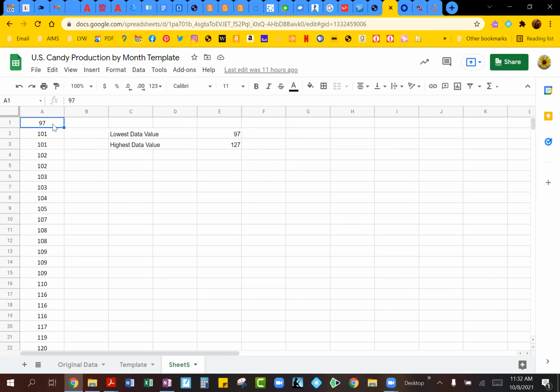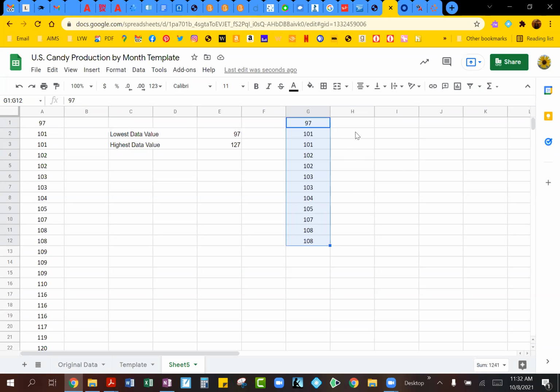So the idea is if I wanted to add all of these values together and then get my average, for now, just to keep it simple, we'll do just the one year, and we'll just take 12 out of those 24 values. If we were trying to find the average for candy production in the year 1972, then all we would have to do is add these 12 numbers and then divide by 12, because we have 12 data values.